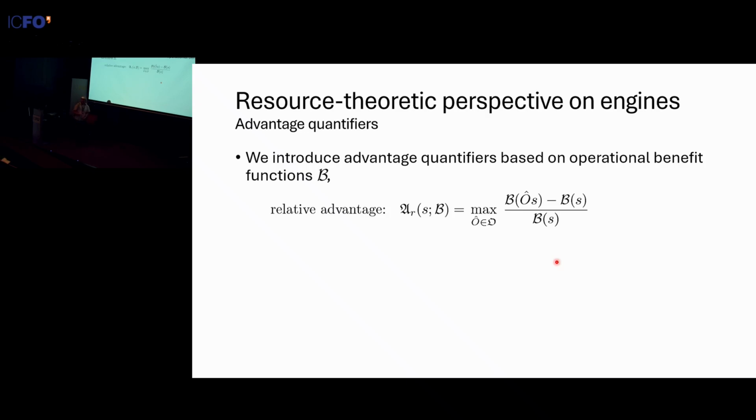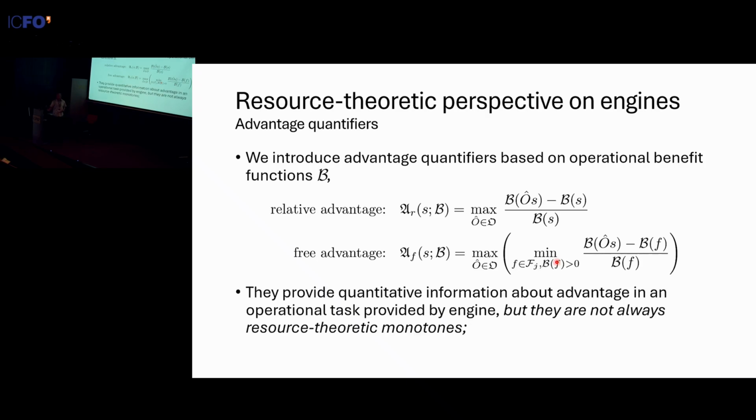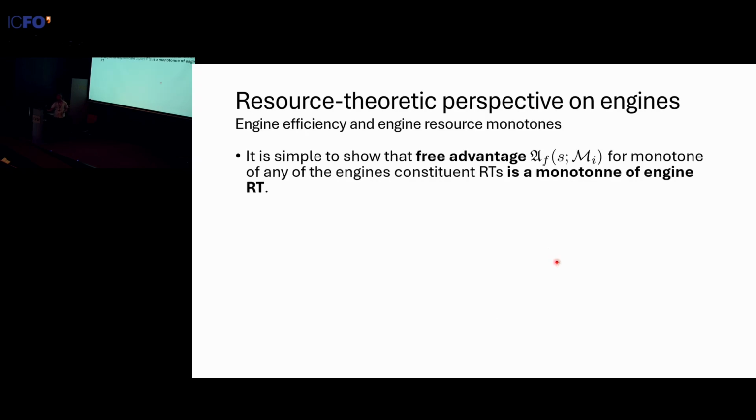One sensible candidate is the relative advantage, which quantifies how much more benefit we are getting from an input state with respect to engine operation, before and after, or the free advantage, which quantifies for us something slightly different: how much more benefit we are getting with respect to the original free states. Okay, so these provide quantitative information about how much advantage we are getting.